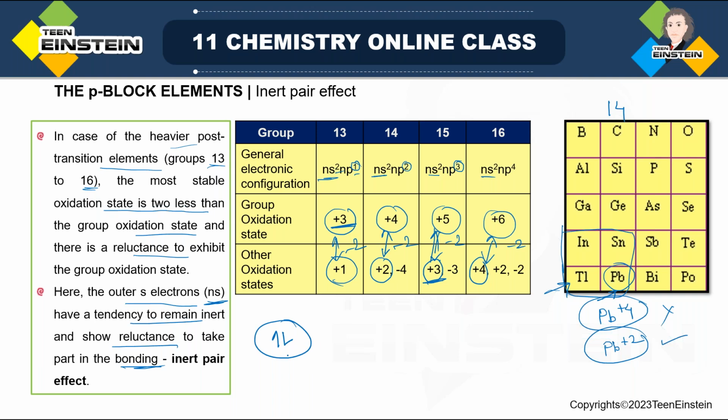But that is not possible because unpairing these 6s2 electrons becomes very difficult. That is why we call this phenomenon inert pair effect. This is an inert pair. We cannot break this pair easily. So bonding with these electrons is not possible.